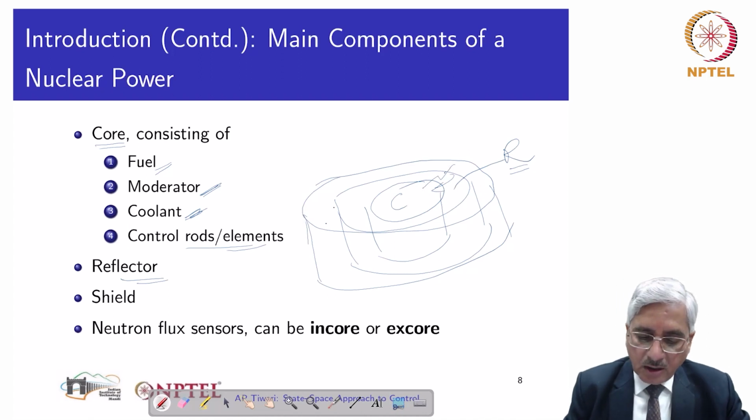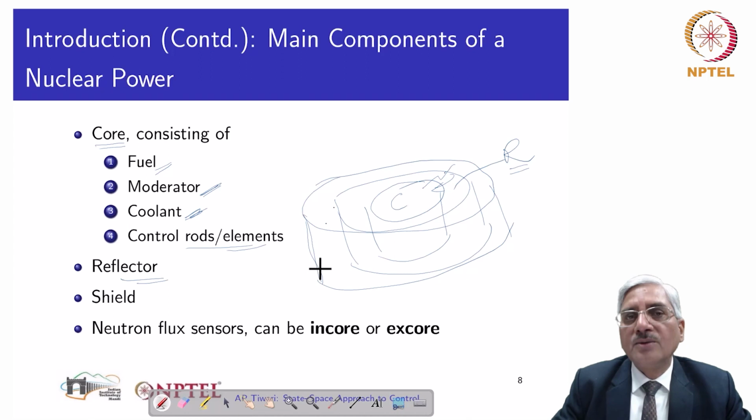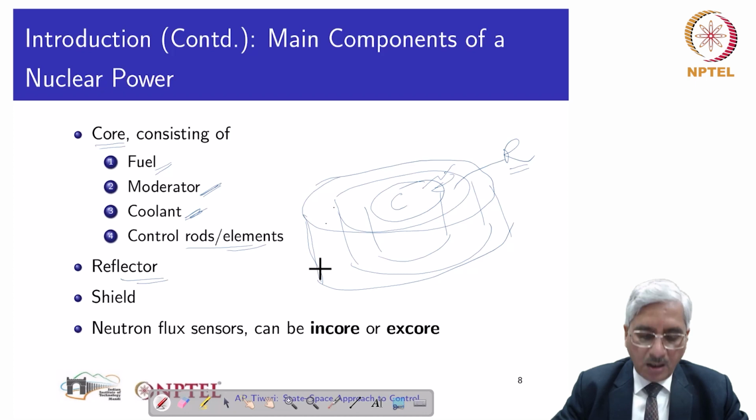And the shield's job is not to allow the nuclear radiation, neutrons and alpha, beta, gamma, mostly gamma, because alpha and beta are quickly stopped, but gamma has larger penetration power, and a shield is used essentially to stop all these three forms of radiation.